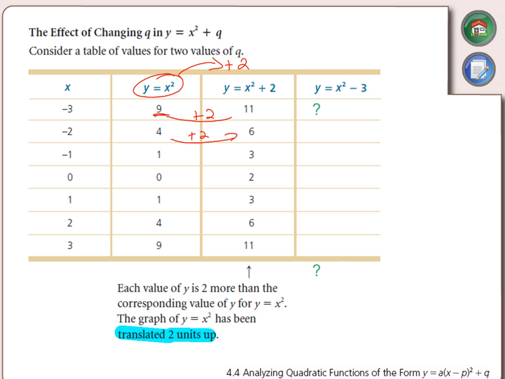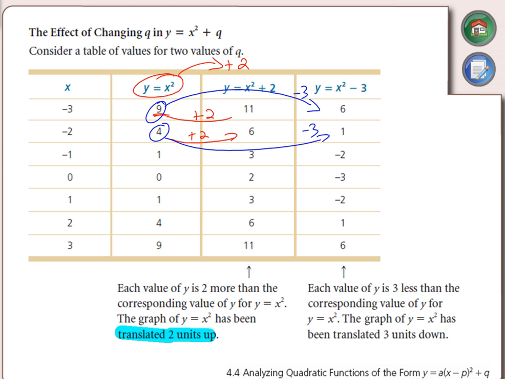Let's look at what happens if we go x squared minus 3 now. We're going to take all those original numbers and subtract 3. So what that's doing is translating it down by 3 units. It's a translation, 3 units down.